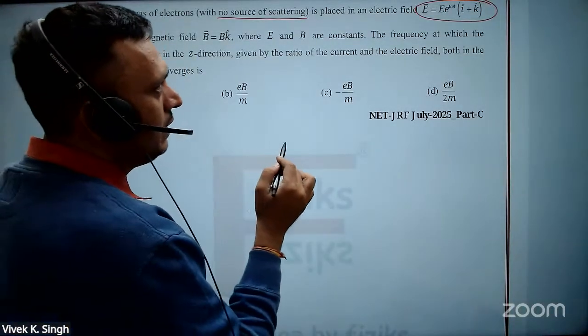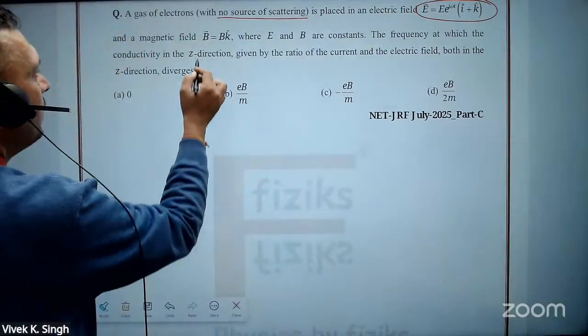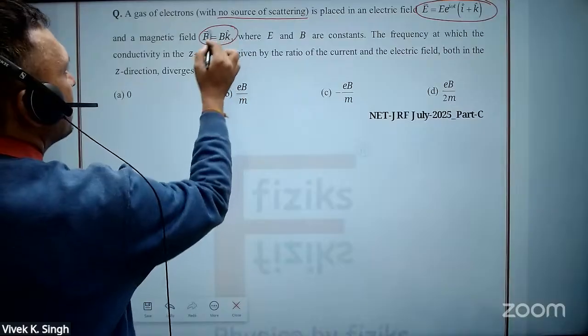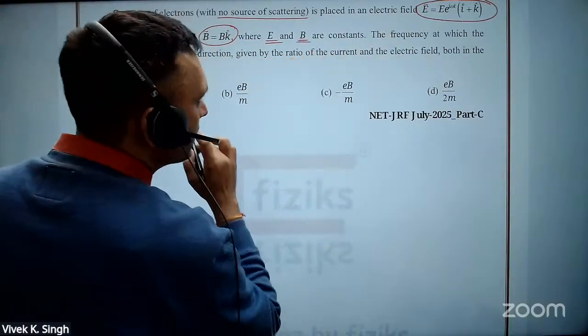The vector is E e power iota omega t times i cap plus k cap. Magnetic field is given in the k cap direction, where E and B are constants.